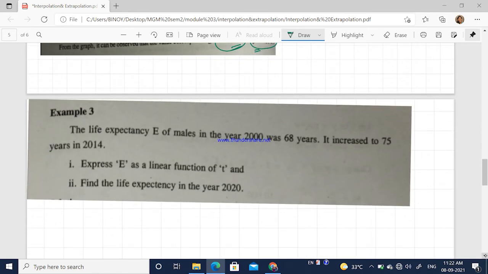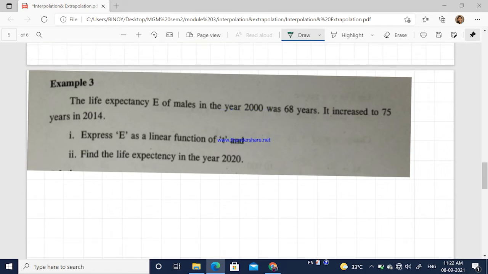Now, how do we solve interpolation in the form of a graphical method? In this question, the life expectancy E of a particular male in the year 2000 is 68 years, and it is increased to 75 years in 2014.